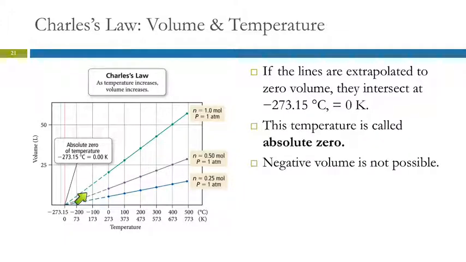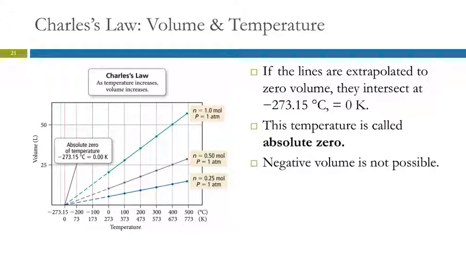If you extrapolate them, if you go beyond the actual data and extend that line, what we observe is that all those lines intersect at a y-intercept of 0 volume at minus 273.15 degrees Celsius.